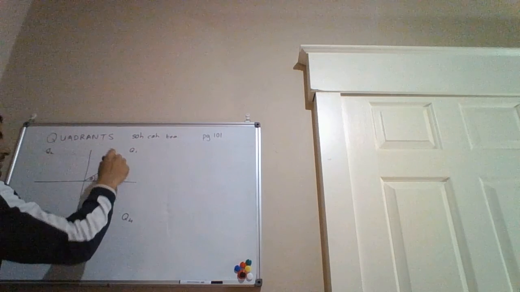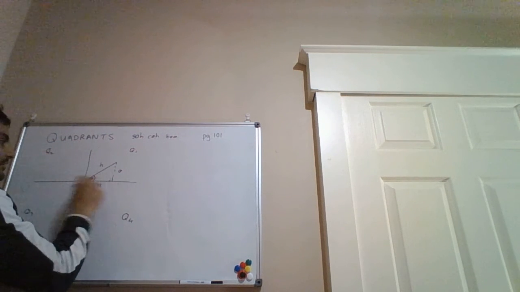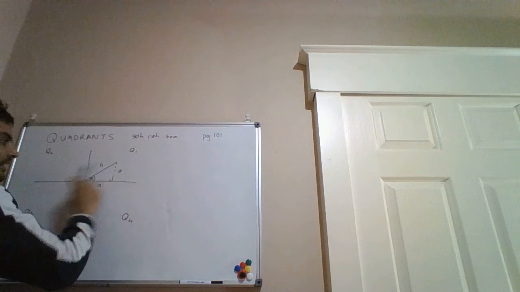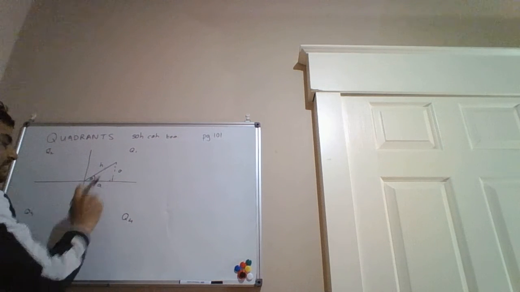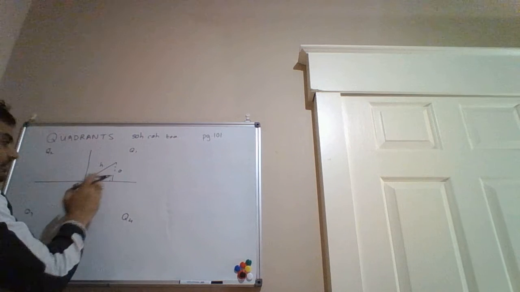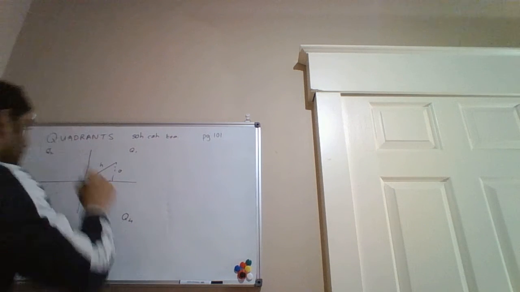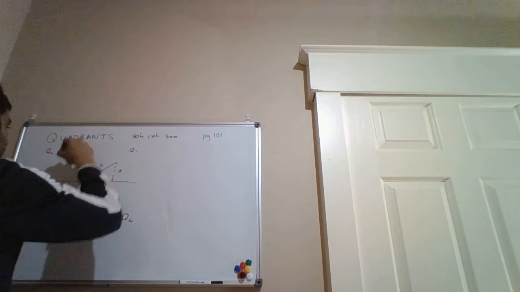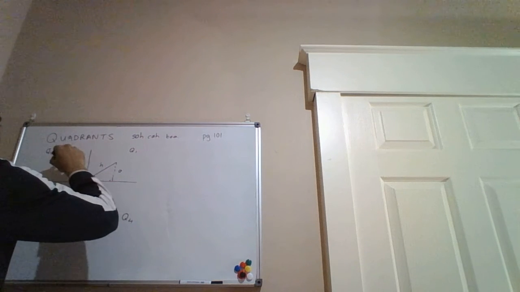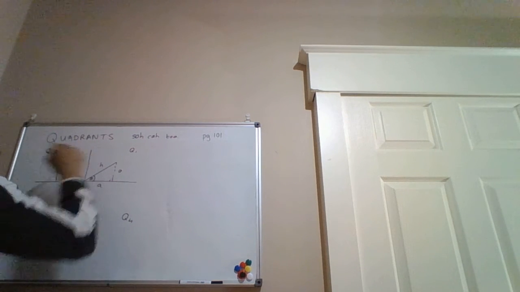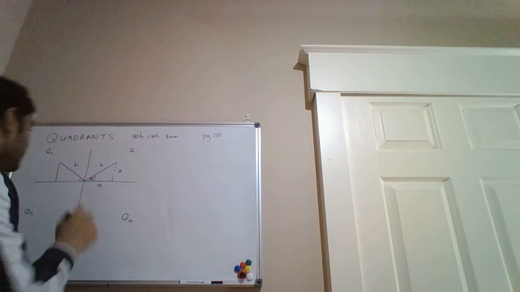For the first quadrant, opposite is positive because it's above the x-axis, and adjacent is positive because it's to the right of the y-axis. In the second quadrant, hypotenuse remains positive.